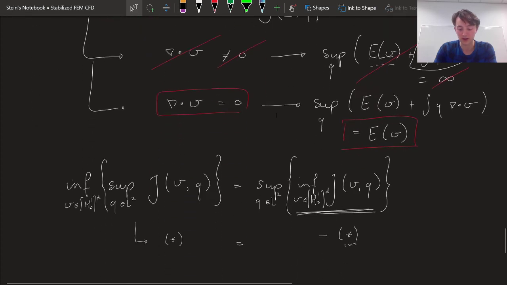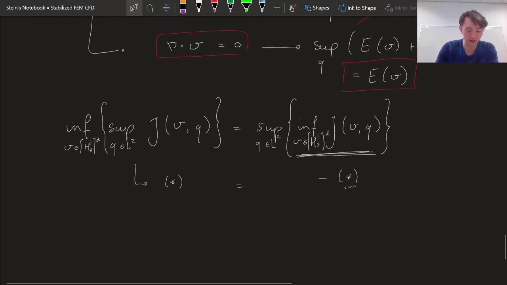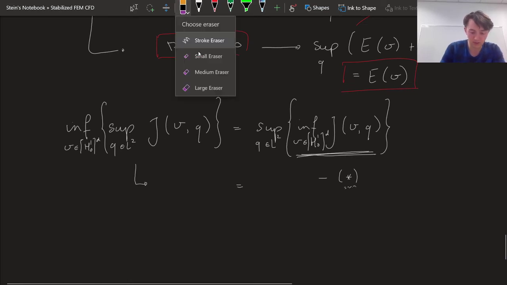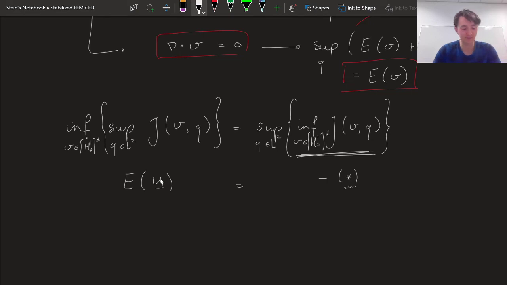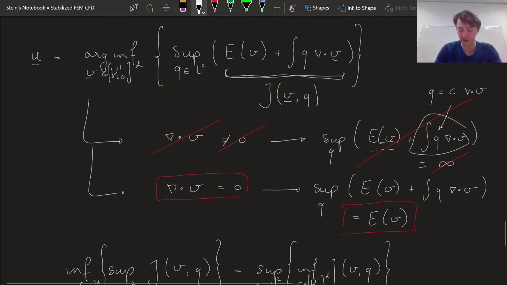Maybe I should try it like this. I don't know why I'm introducing the star. I feel like that's just getting things more complicated. Either I get E on the left, the energy of the true solution. Yeah, that follows from what we said over here.